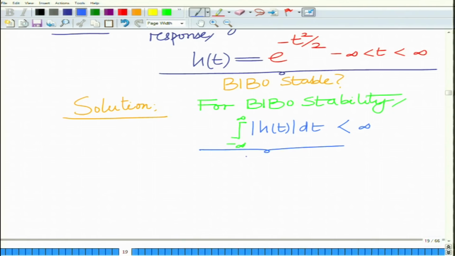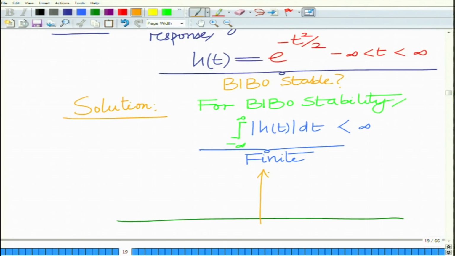Okay. So, this quantity should be finite. Now, if you look at e to the power of minus t square by 2, you will realize that it is given by a Gaussian pulse, which is a standard signal.